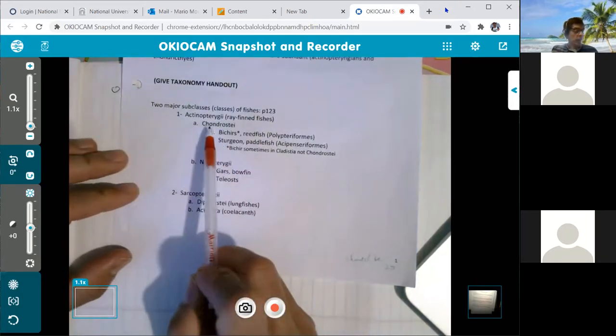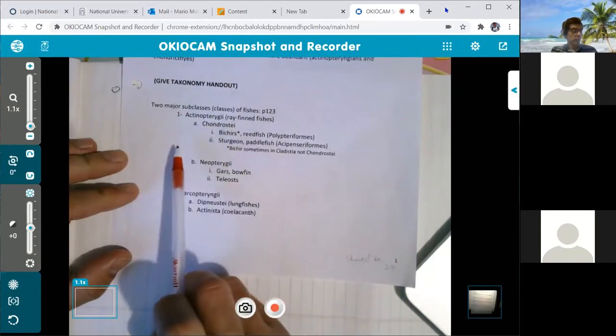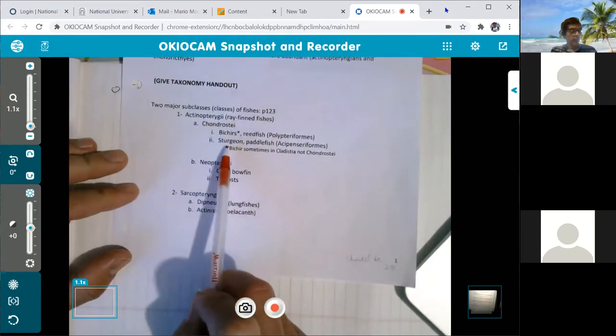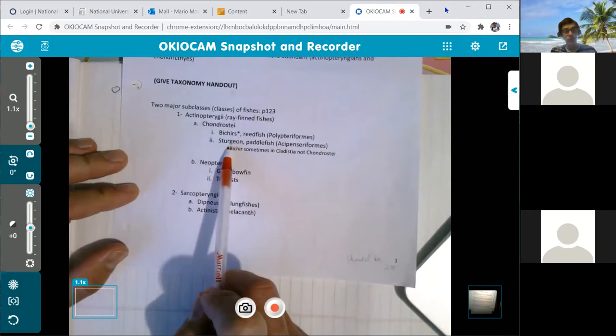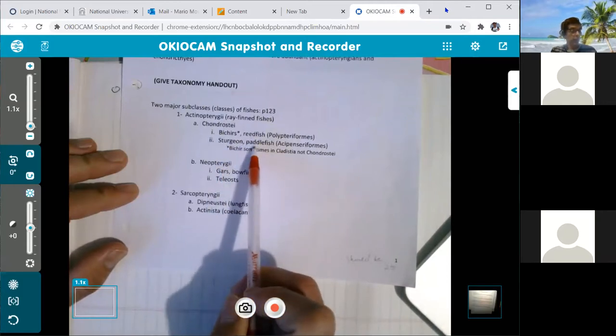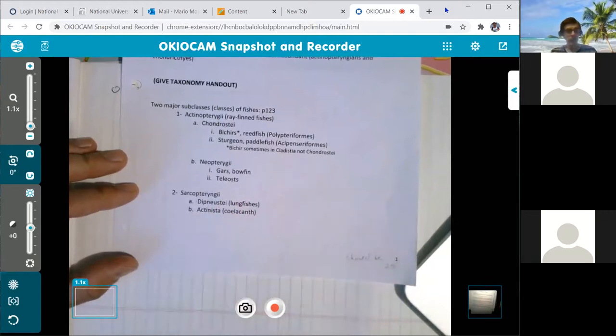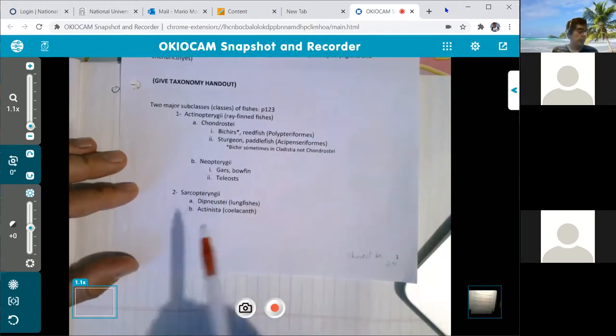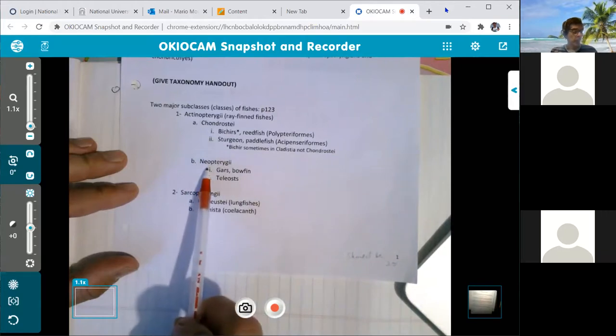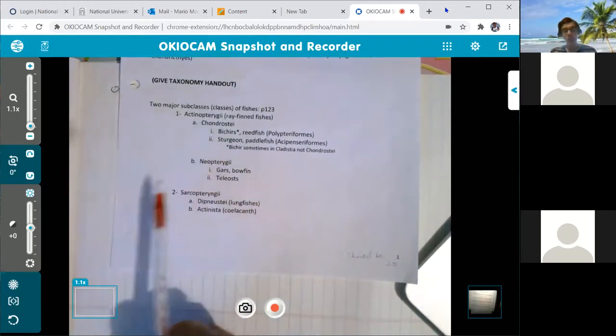And then we have Chondrostei, which include the bichirs and the sturgeons, reedfish, paddlefish, and I'll show you pictures of these in the PowerPoint. And then we have Neopterygii, which will be the modern.